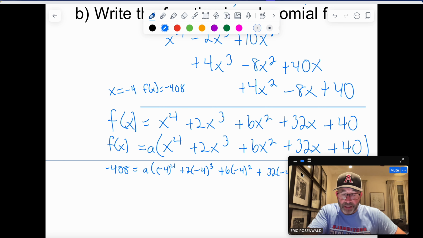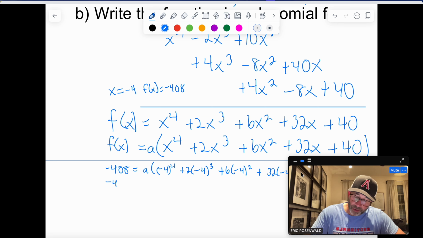Okay, let's throw all that into the calculator and see what we end up with. So -4 raised to the 4th, plus 2 times -4 raised to the 3rd, plus 6 times -4 to the 2nd, plus 32 times -4, plus 40. And we get 136.